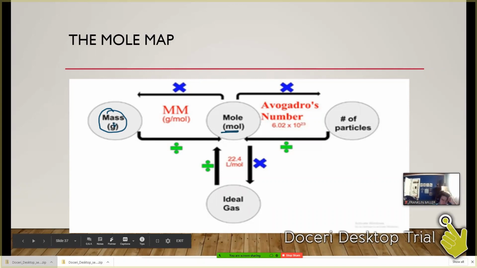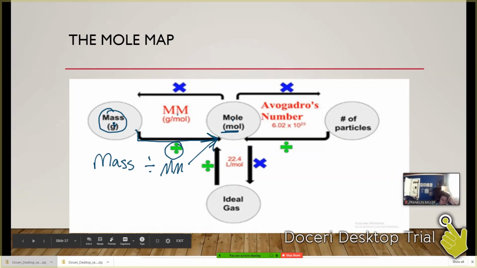So if I wanted to go from mass to moles, then I would follow this arrow, which means that I would take my mass and divide it by the molar mass.